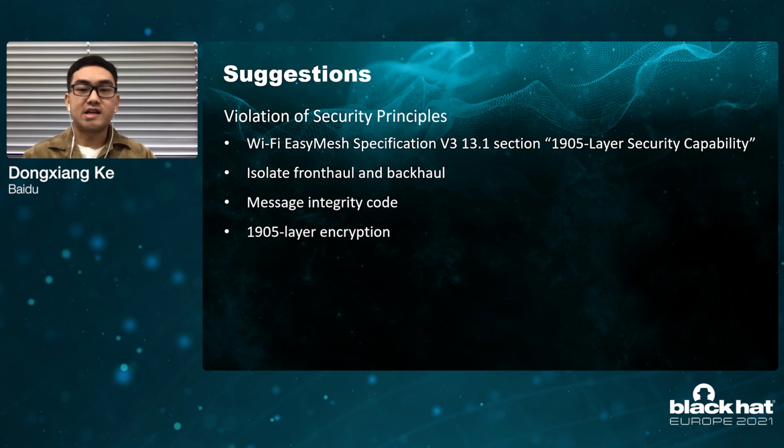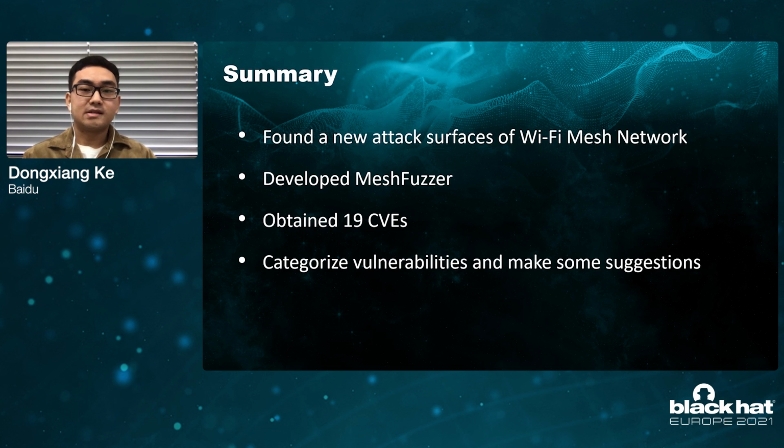We suggest that when implementing EasyMesh, vendors should abide by the EasyMesh standard and implement the security capabilities of the 1905 protocol. Next is a summary of the whole topic.